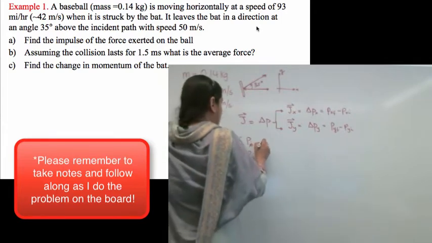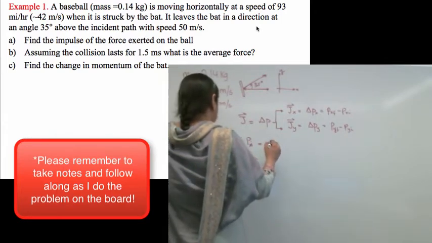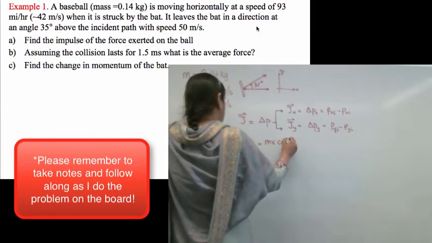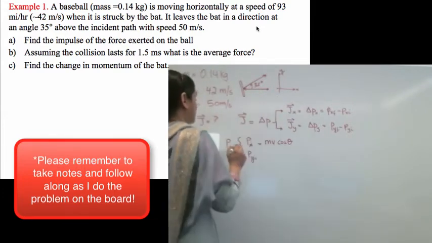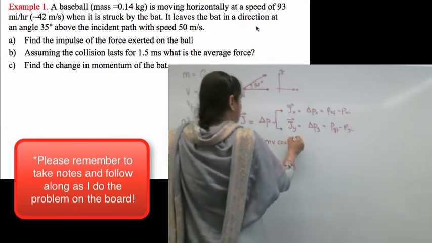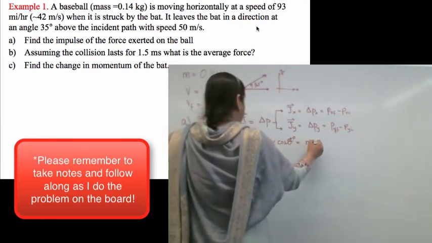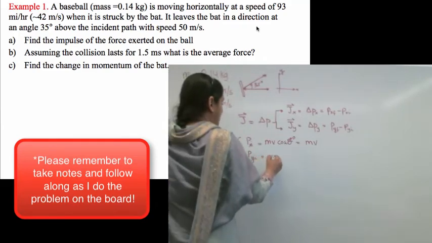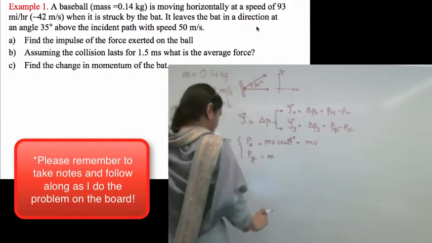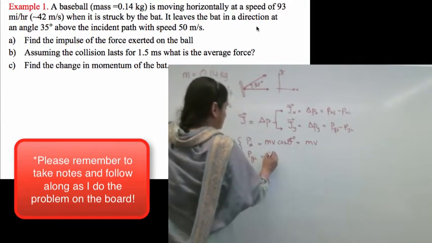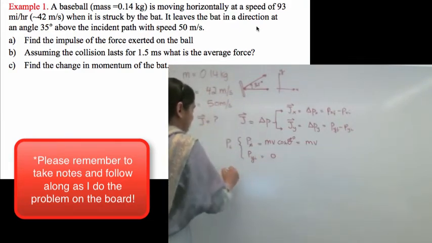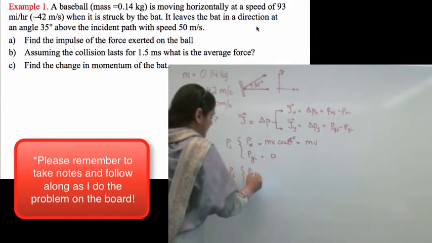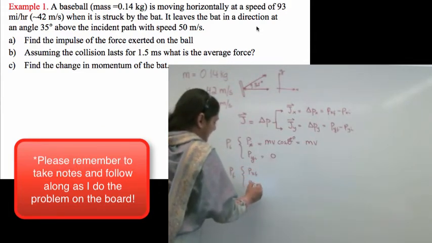This is going to be equal to mv cosine theta, because the angle is going to be 0. So this is going to be 0, and I'm going to get mv, right? Okay. And this is going to be, there is no component along this axis, so this is just simply going to be 0.